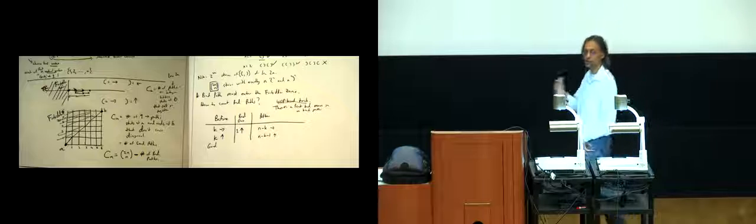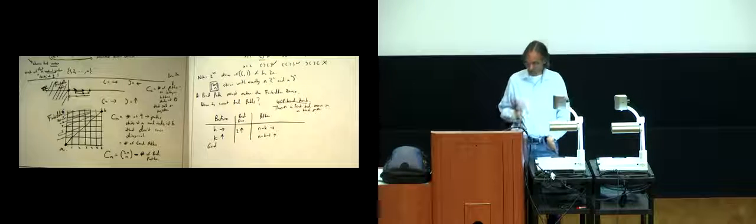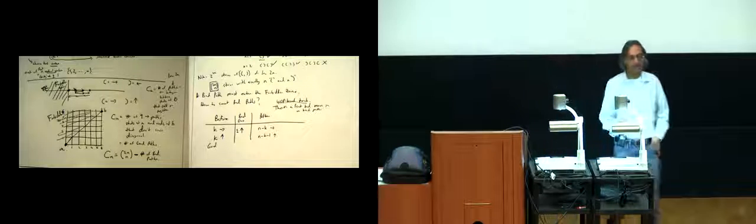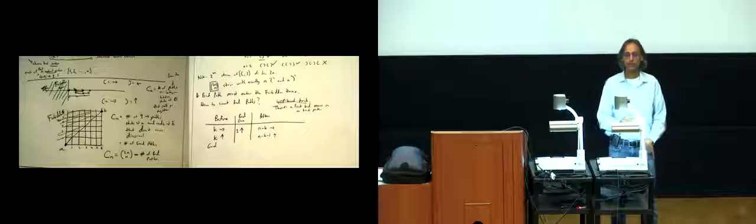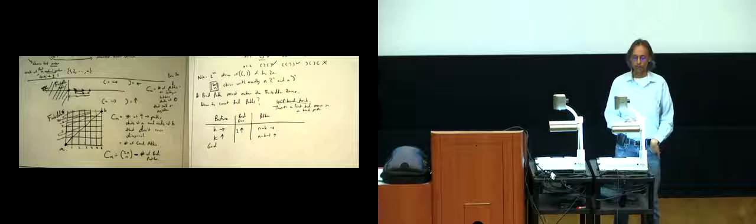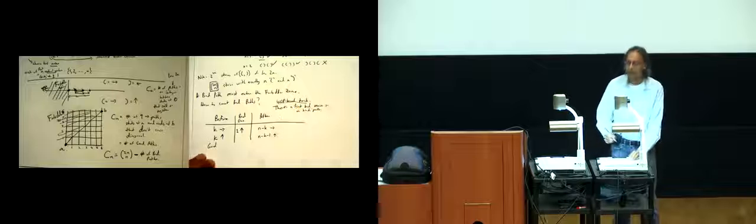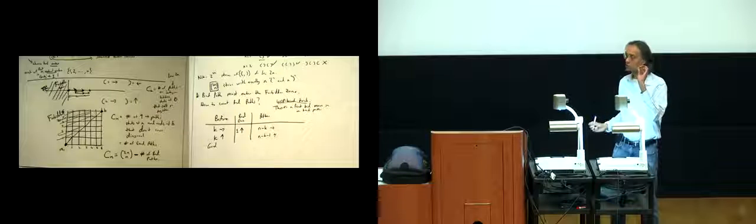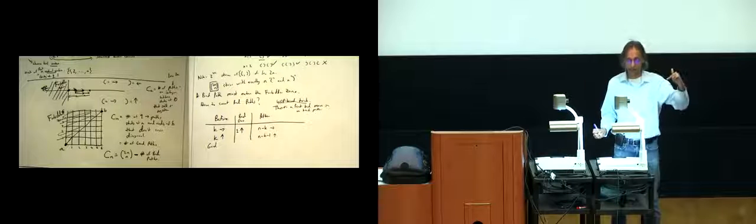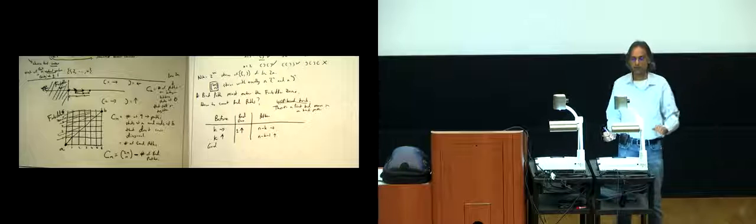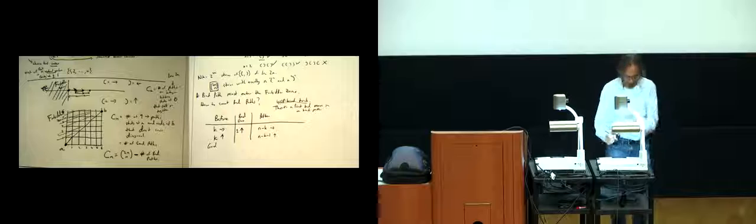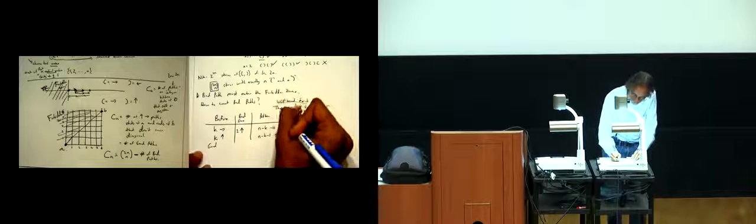And here, there's a trick. The trick is that this trick is inspired by the intermediate value theorem, okay? Which you should remember from calculus, but you'll see why in a moment, okay?